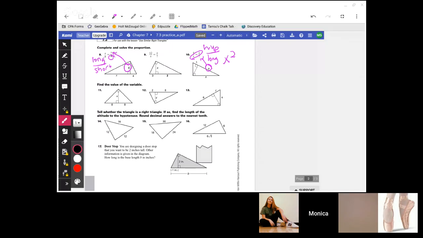Does that help clear those up for you too, Natalie Campbell? Campbell, is that good for you too? Okay, good. So let's see, 16 and 17.